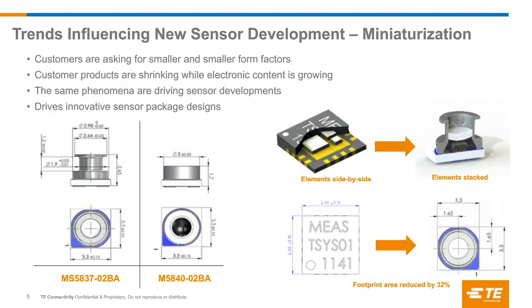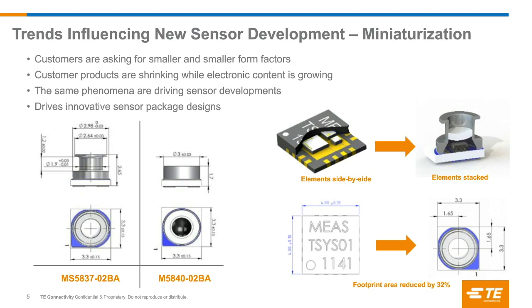First thing we're talking about is miniaturization. Customers are asking for smaller and smaller form factors, and the reason they're asking for it is their customers, the customers that buy those products, are expecting products that are smaller, but at the same time, they're also asking for more features in the products.